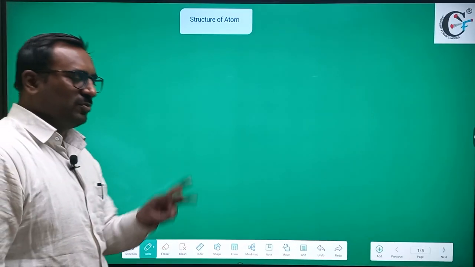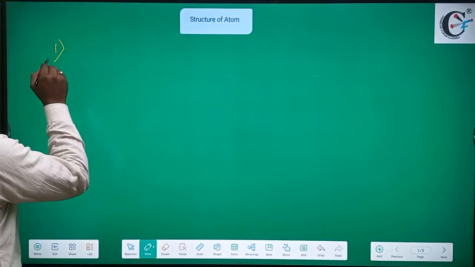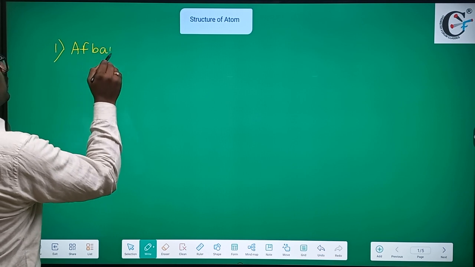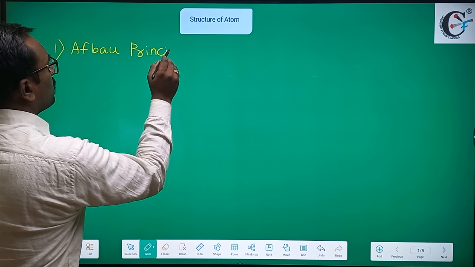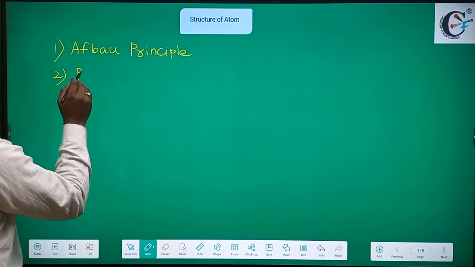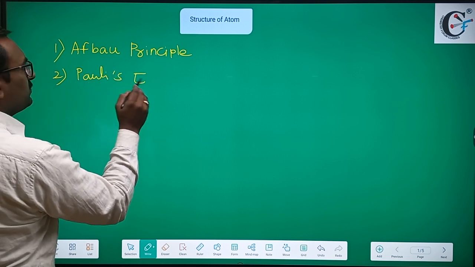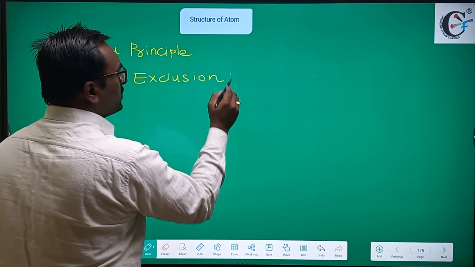So there are three important rules for writing electronic configuration. First rule, Aufbau principle. Then second, Pauli's exclusion principle.